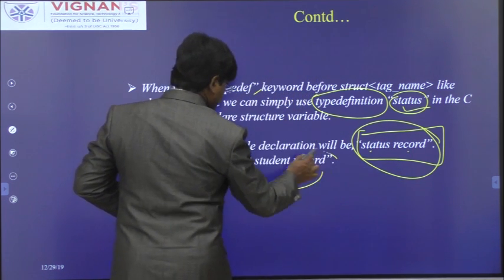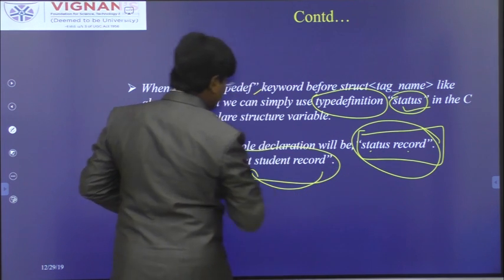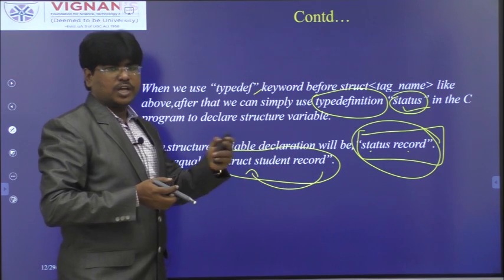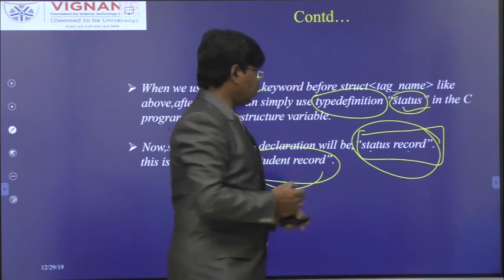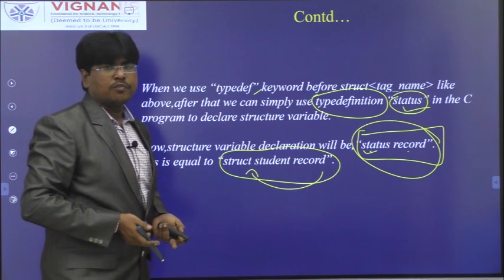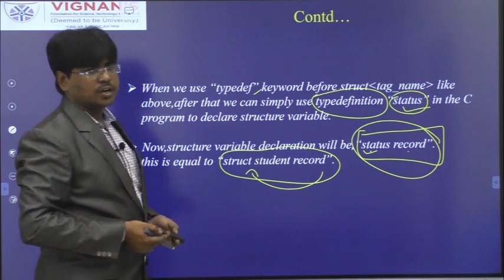So whatever statement we have written, initially we have written struct student record, but I have changed the alias name, that is status. Now we have written it like this. What it indicates is the new name of struct student, that is status record.